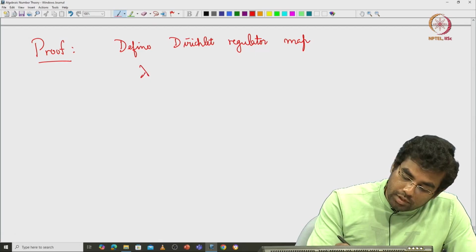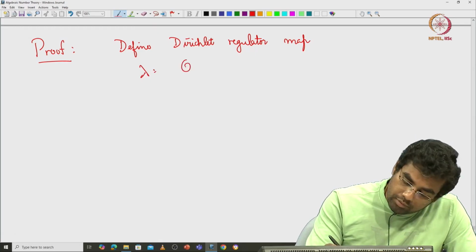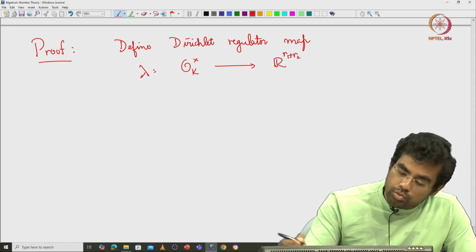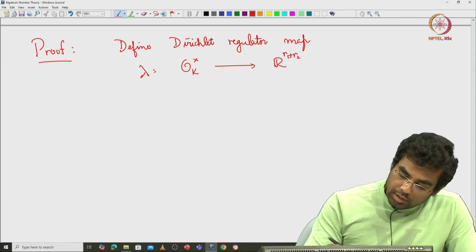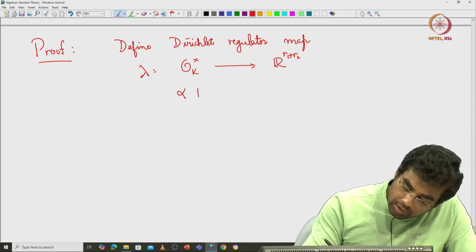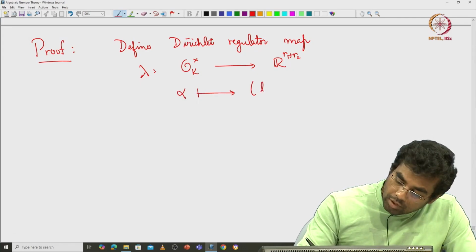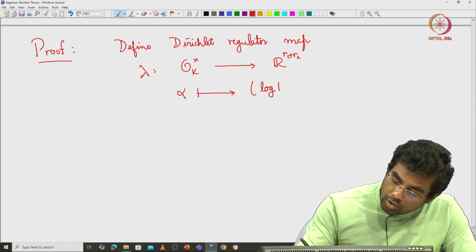It is often denoted by lambda from O_K cross to R to the power R1 plus R2. And what is this map? This map takes any alpha and sends it to log of mod of sigma_i alpha.